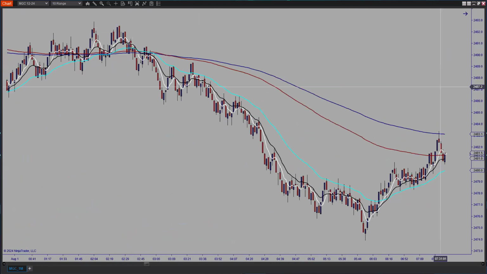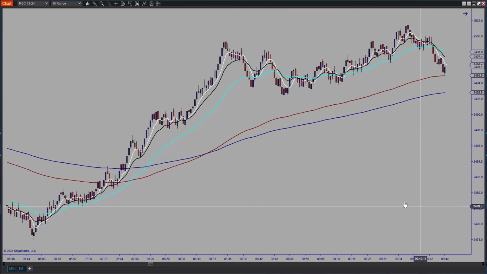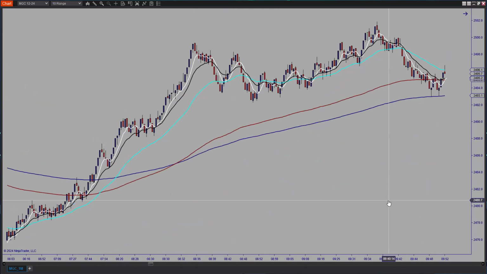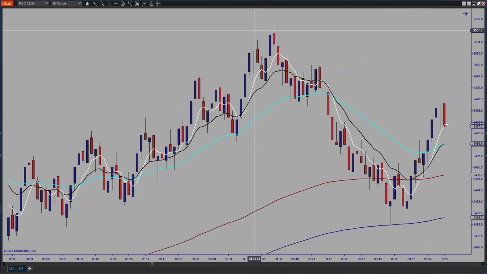Here we go. Market hours, overshot, kept going. Tag, tag, break. There it is. Okay, so did it tag the 144, 233? Yes.